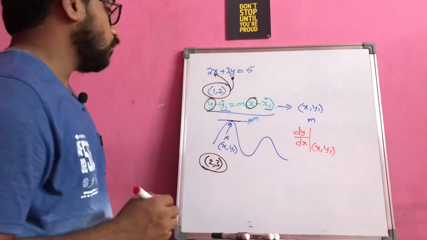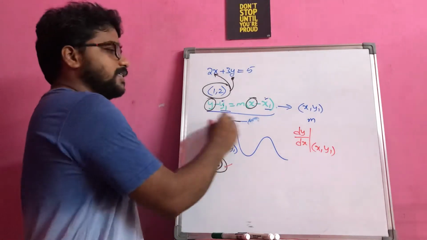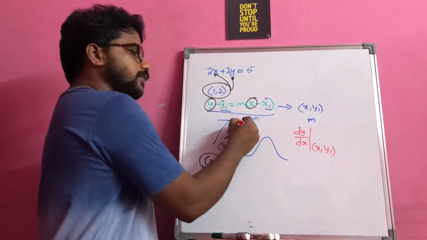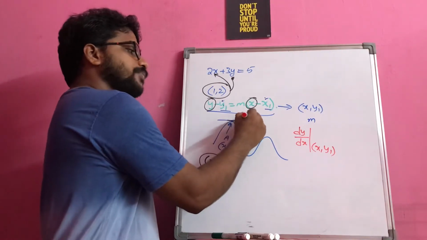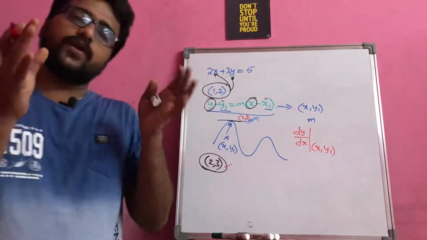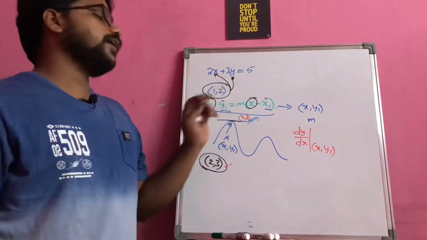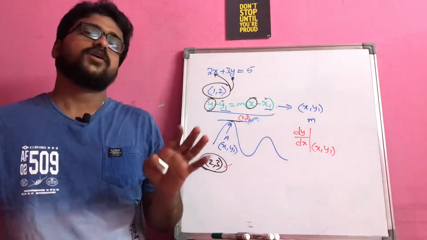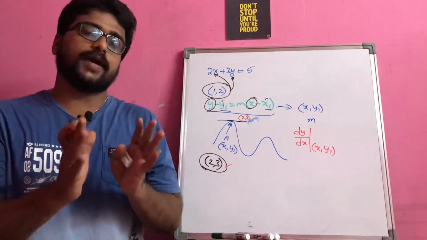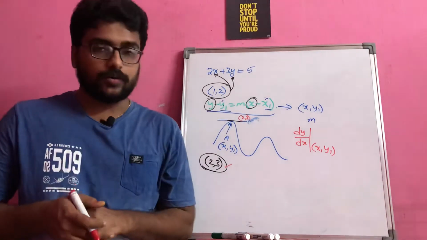But what they are asking now is that the tangent is passing through some point, somewhere here, the point (2, 3). So this (x1, y1) always represents where you are finding the equation of a tangent, whereas x and y are the actual variables which help you find out whether this point is passing through this line or not.